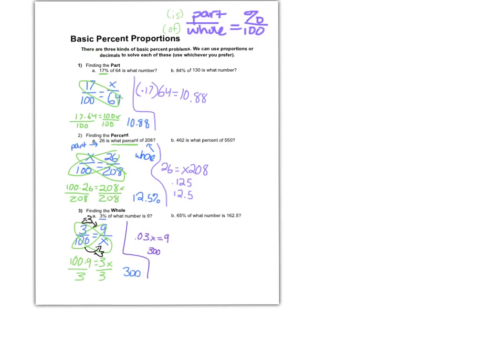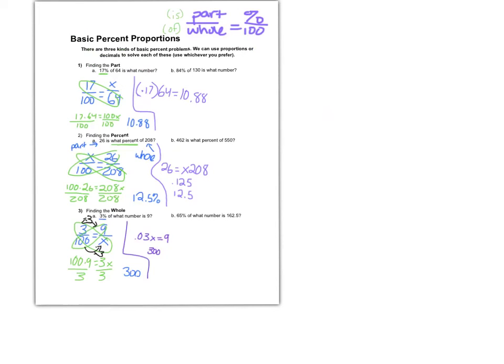So in each of the problems, we wanted to set up a proportion. Where it said 17% of 64 is what number, we knew that we had 17 over 100 because that's our percent. And the whole that we're talking about is 64, and we're finding what is 17/100ths, or 17% of it.